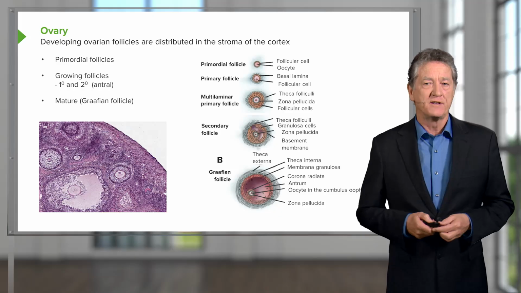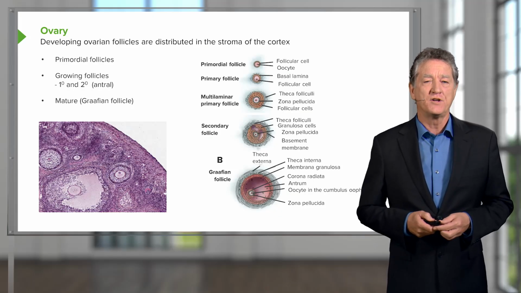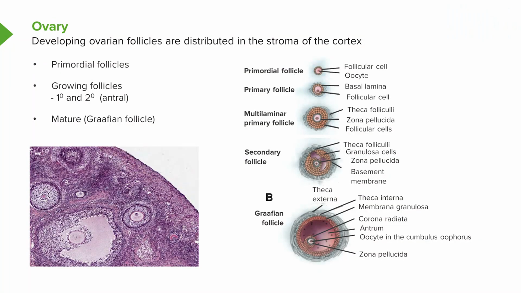On the image of the slide, on the bottom left-hand side, if you look very carefully in that histological section, you can actually see details of all those sorts of follicles. The very large circular follicle you see in the bottom left-hand corner of this section is a large secondary or mature follicle. You can see the antral space.